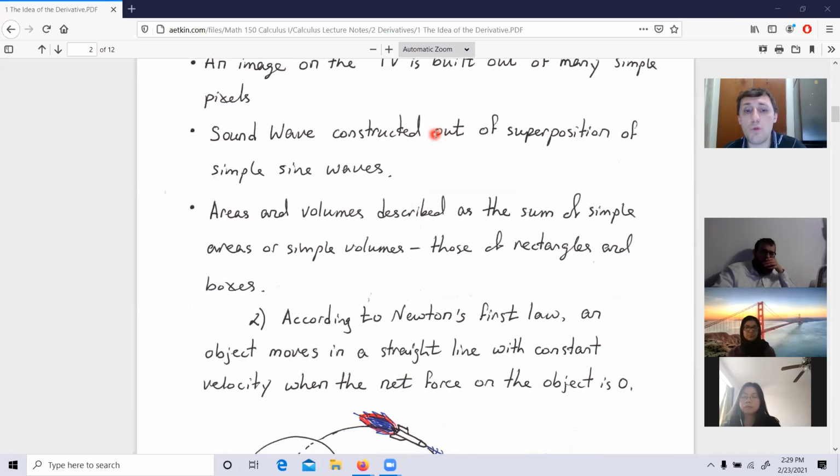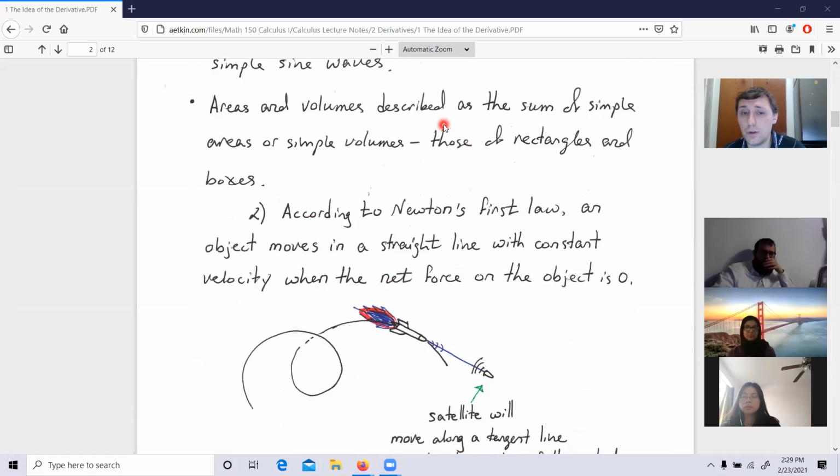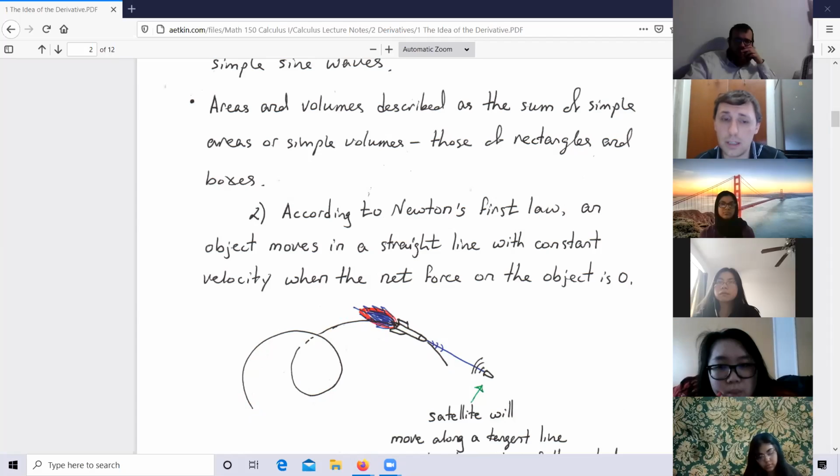Okay, now why specifically do we want to focus on tangent lines or lines? So if you think about Newton's laws, look at it. Here is a rocket. It flies in some complicated pattern. If it does not fly in a straight line, it means that there is a non-zero net force acting on it, because an object that is not acted upon by a force, or the net force is zero, will always travel in a straight line at constant speed.